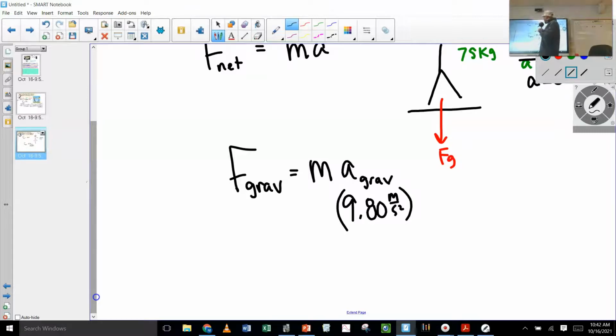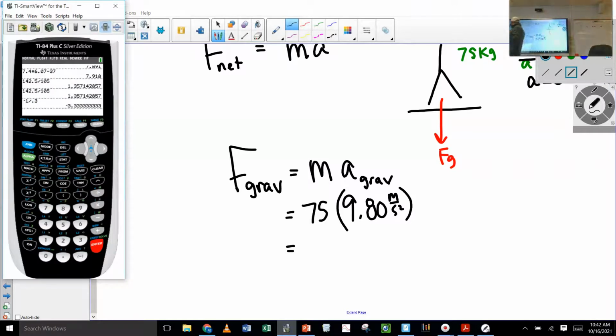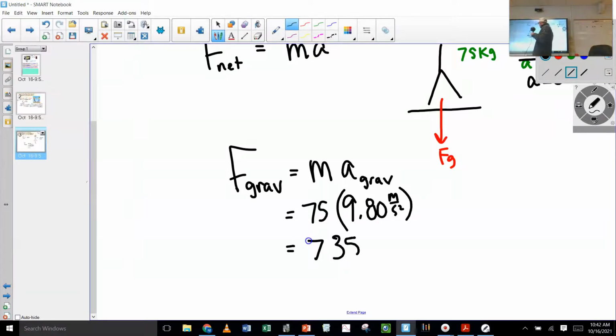So since this person's mass is 75, if you take 75 times 9.8, you get 735 newtons. So this person is 735 newtons, right?